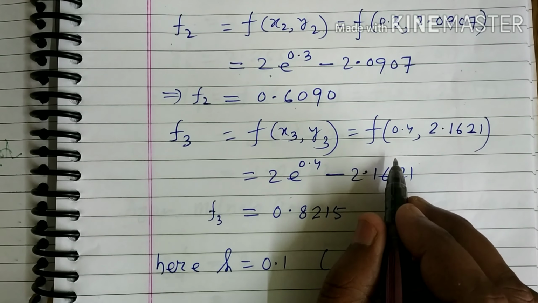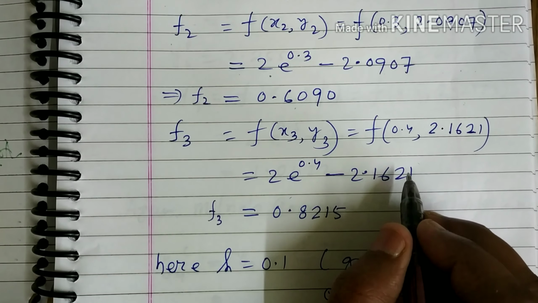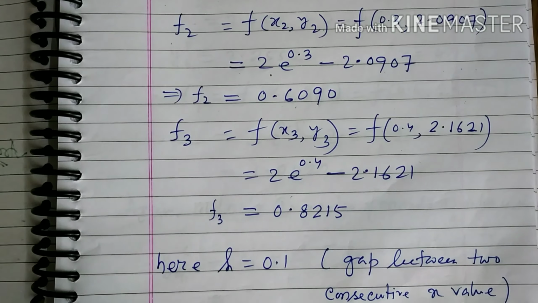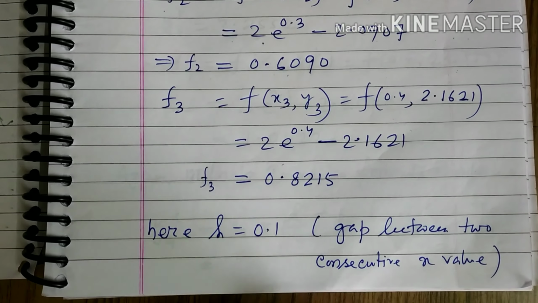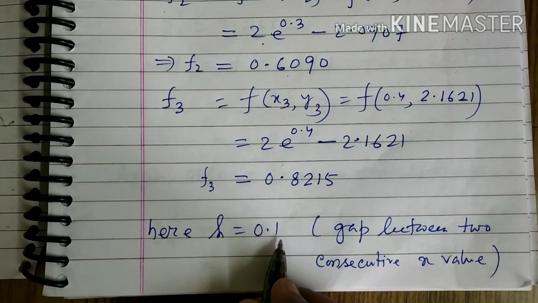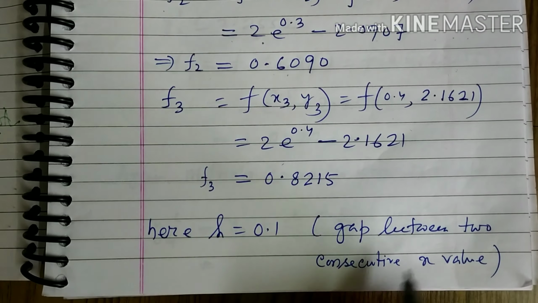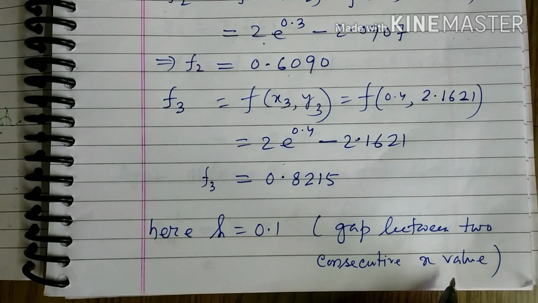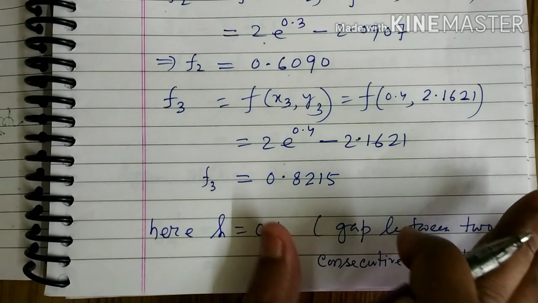Your function is f(x,y) = 2e^(x-y). Next, here h = 0.1. How do we decide h? It is the gap between two consecutive values of x. So you have x0, x1, x2, x3, and you can calculate the gap between any two consecutive x values.